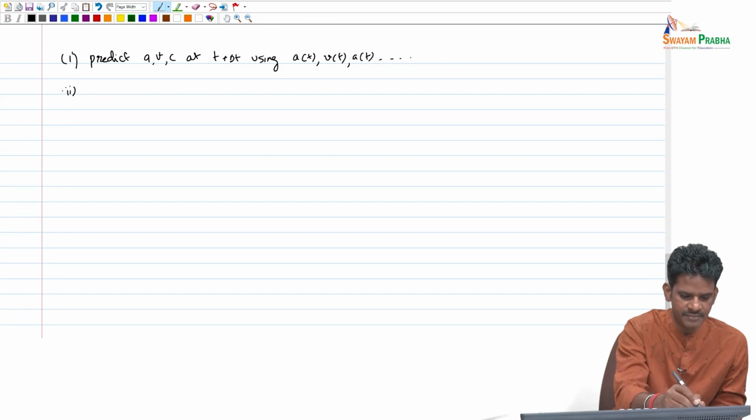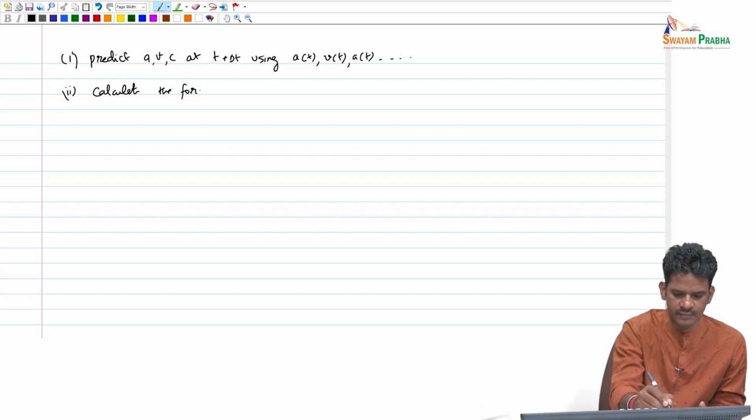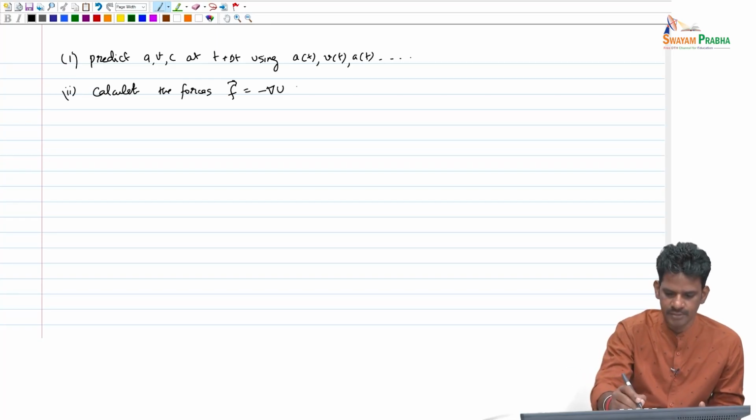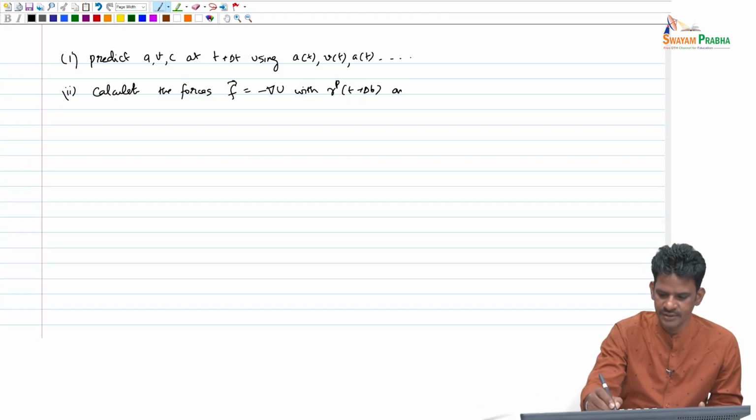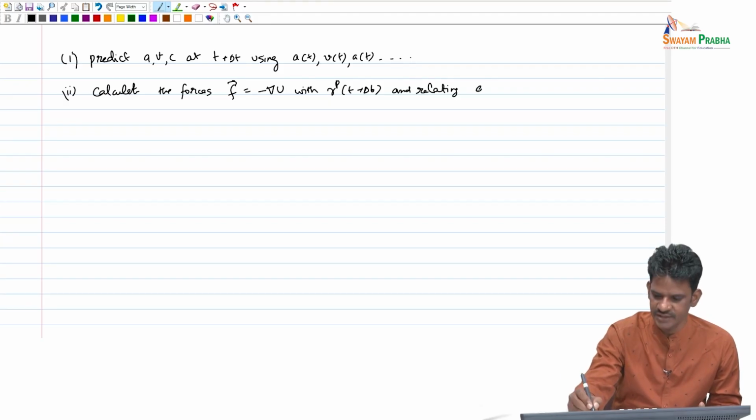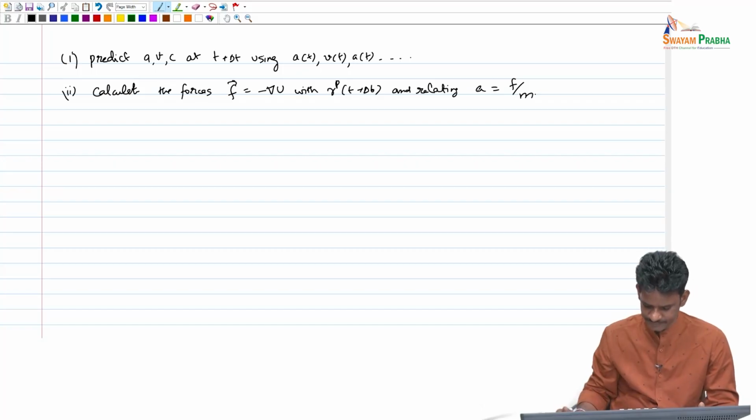The second step is to calculate the forces using this expression with the values of R predicted now known, and then relating the acceleration to force by this equation, which is basically the equation of motion.